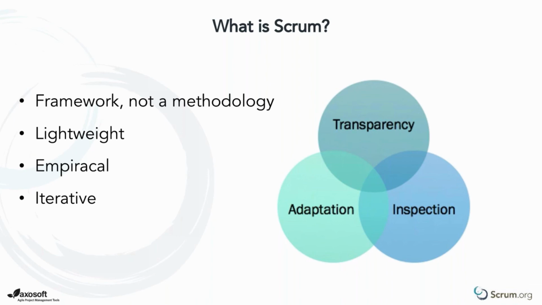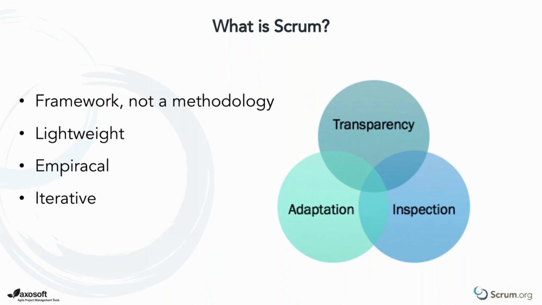It's lightweight and it's iterative, as I talked about. It's about delivering in small increments, generally 1 to 4 weeks. And delivering, now you may deliver multiple times over that period of time, but certainly within that small period. And 3 factors that are really, really critical, in my opinion, to Scrum are these circles you see here on the right: transparency, adaptation, and inspection.